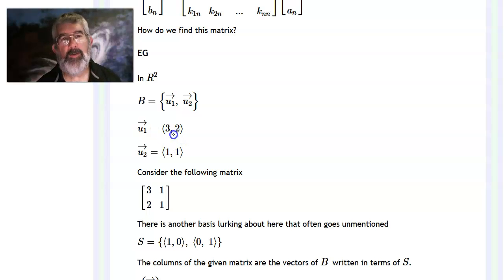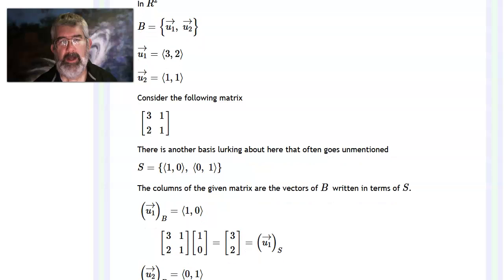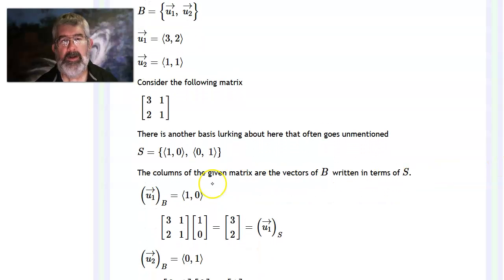That is, this is already the way that I would write this vector with respect to the standard basis, which I'll call S, (1, 0), (0, 1). So the columns of that matrix are the vectors of my original basis written in terms of the standard basis.